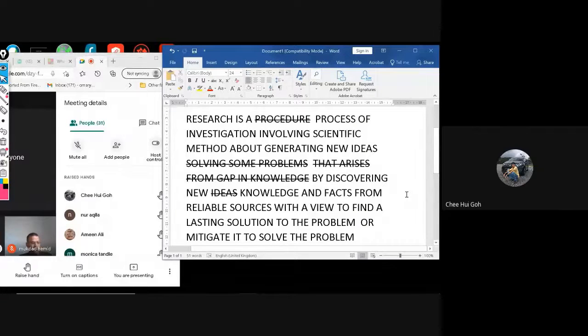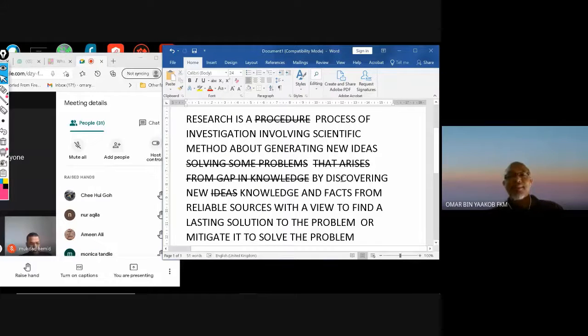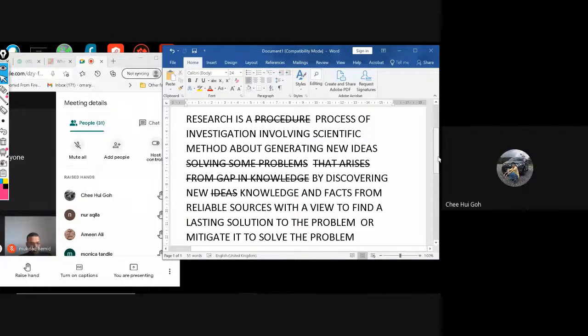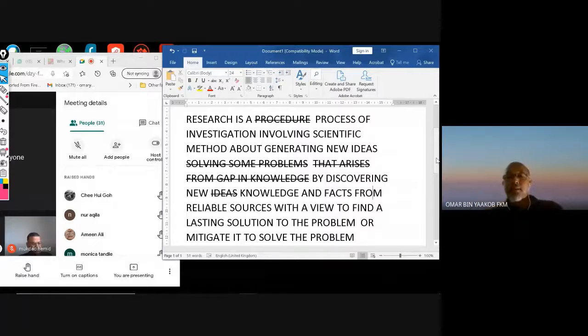Yes, hello, Prof. I actually wanted to add one more point to the last part of the definition. Like to solve the problem or to suggest a recommendation for future work. But this is a solved problem already.